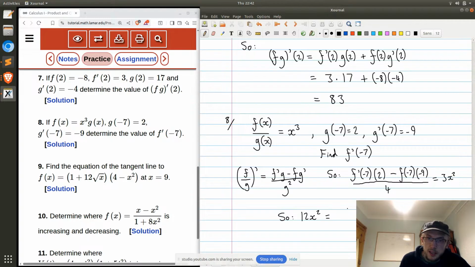So 12x squared. But wait a minute. We know that in this case, x is supposed to be -7, isn't it?